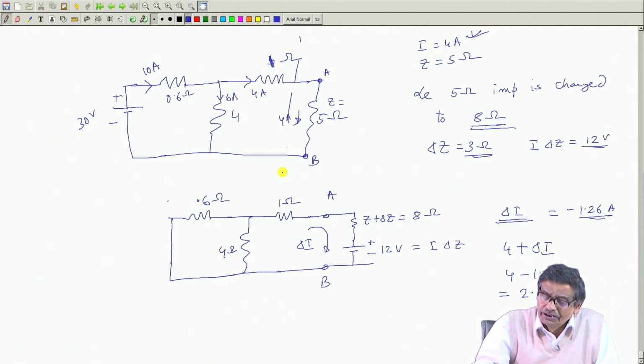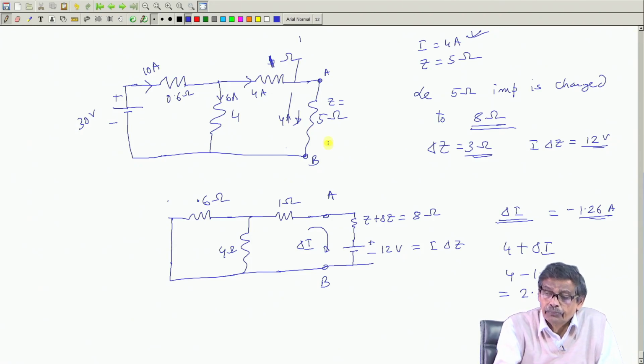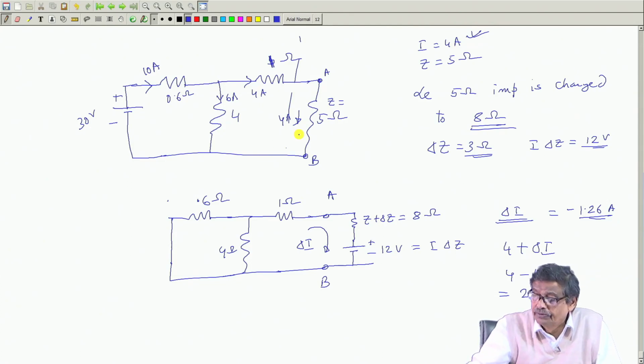You replace only one source I into delta Z, this impedance Z plus delta Z, and solve for the current which will give you delta I. So, it will come same, I leave it as an exercise, that is with this replaced by 8 ohm, solve this network, get this current, and then solve this network with 5 ohm, it was already known.